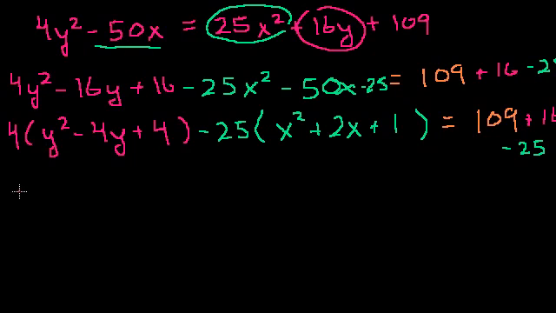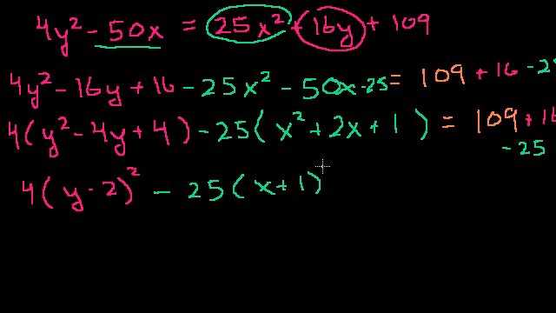The y terms become 4 times y minus 2 squared. You might want to review factoring a polynomial if you found that step a little confusing. Minus 25 times x plus 1 squared is equal to, 109 plus 16 is 125, minus 25 is 100. We're almost there.